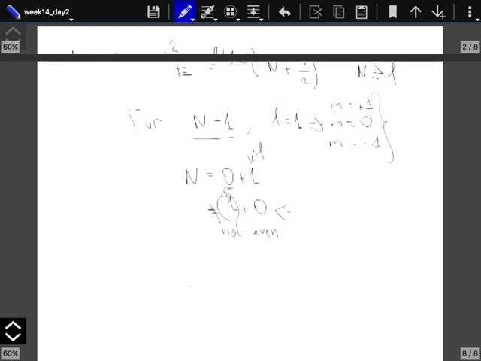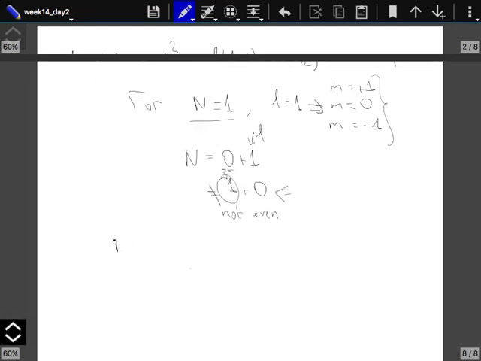Now it would also be interesting to note that this capital N is actually our nx plus ny plus nz. It corresponds to nx plus ny plus nz in the solution that we had in the Cartesian coordinates.